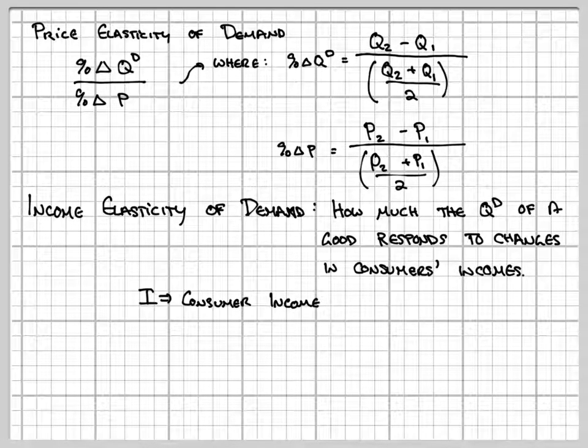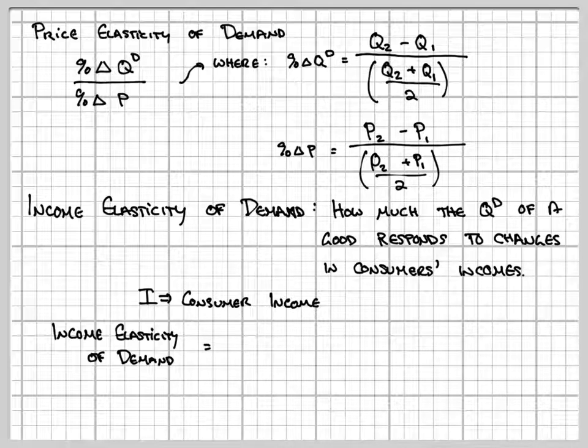So the income elasticity of demand is equal to the percentage change in quantity demanded divided by the percentage change in income. And the computation of this is exactly the same. We use this midpoint formula. We take two combinations. We have I1 and Q1, and I2 and Q2, and we do the exact same thing.